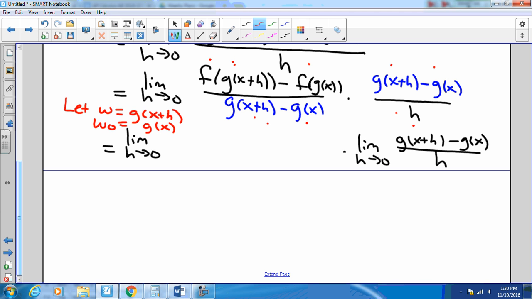And the reason for this is that by substituting, it's going to clarify that we're dealing with a variable. So that now, when I replace g of x plus h with w, what I have is f of w.